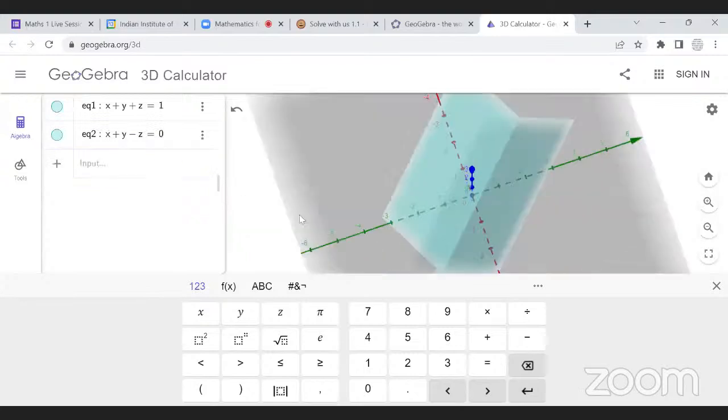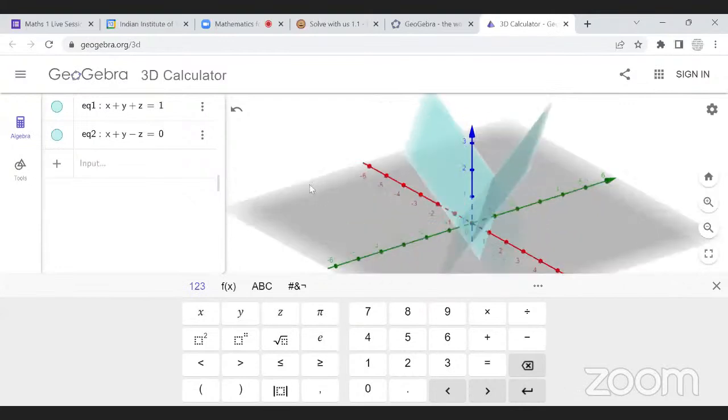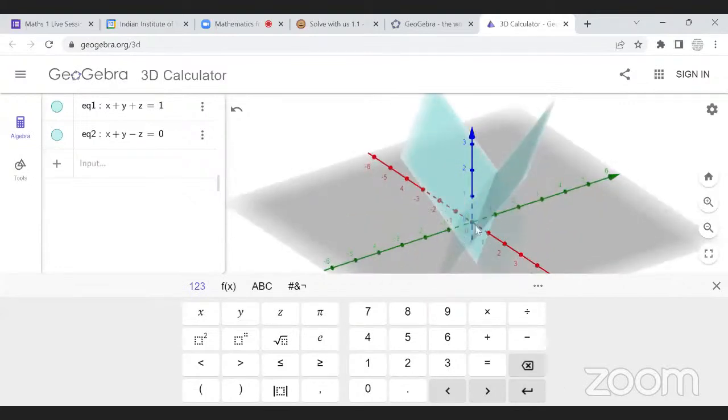Now can you see that when I have these two planes, they are intersecting. So definitely there is a solution. They are intersecting along this line. All these points are points of intersection. So if I have a system of linear equations with these two equations, I'm going to have infinitely many solutions. Is it clear?